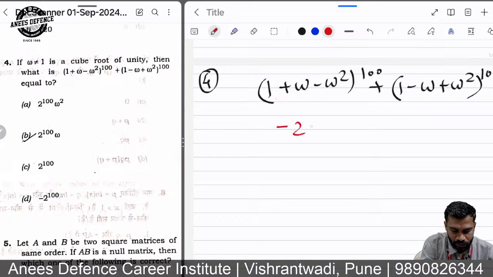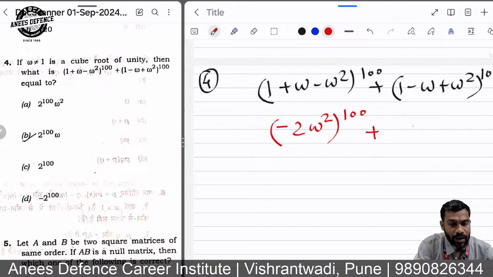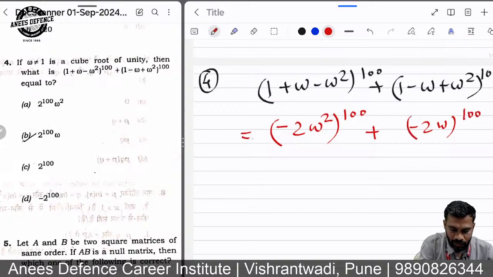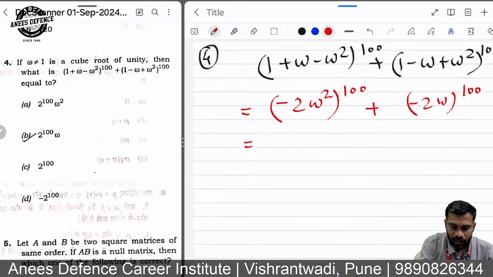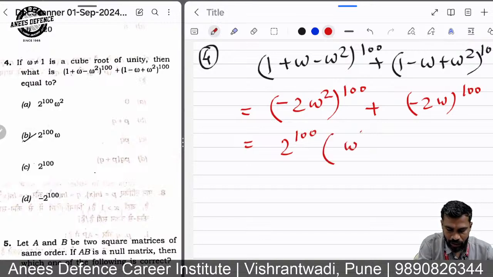So this will be (minus 2 omega square) to the power 100, plus 1 plus omega square can be written as minus omega, so this will be (minus 2 omega) whole raised to 100.